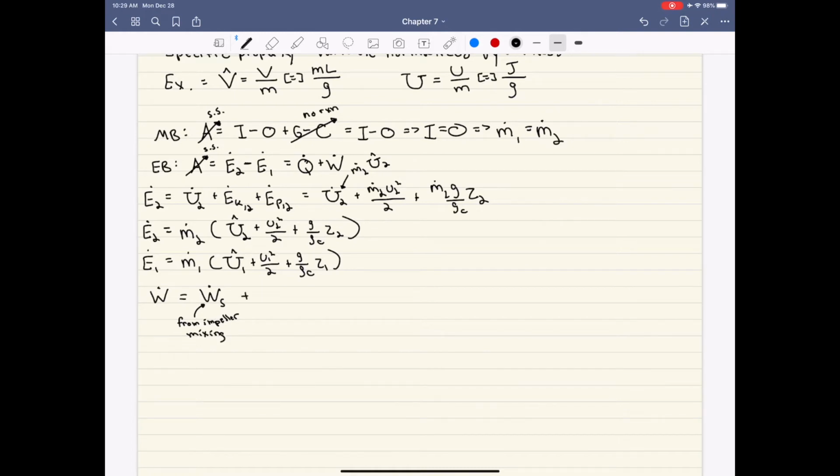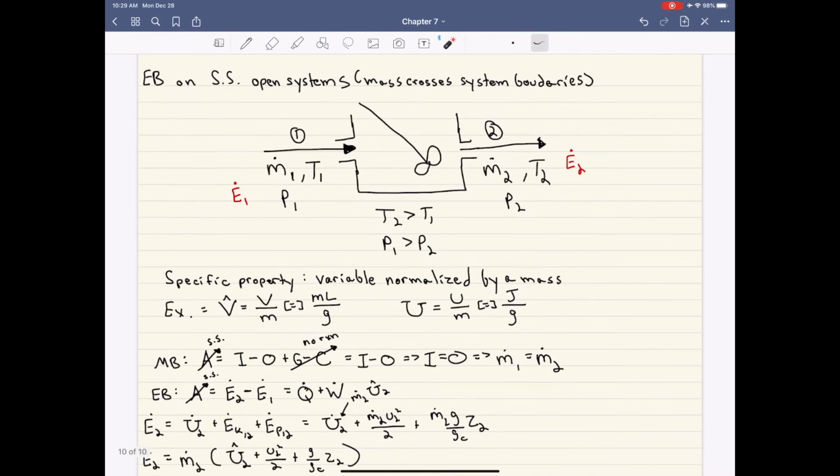The second work contribution that we need to consider is what we call the flow work. This comes from the fact that the pressure difference in the system, P1 is greater than P2, is what's driving the flow of the chemical species through the process. Because the pressure is higher on one side than the other, this pushes the fluid through the tank.